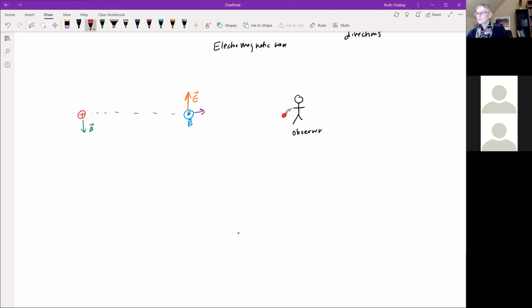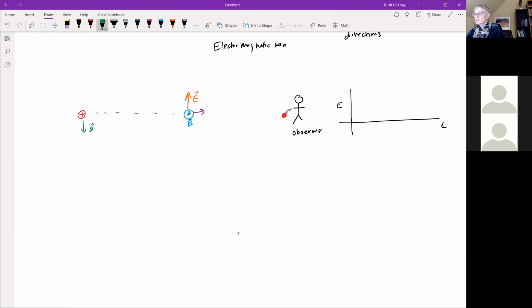So that's our detector. And what the observer is going to do is graph what they observe in terms of this transverse electric field as a function of time.